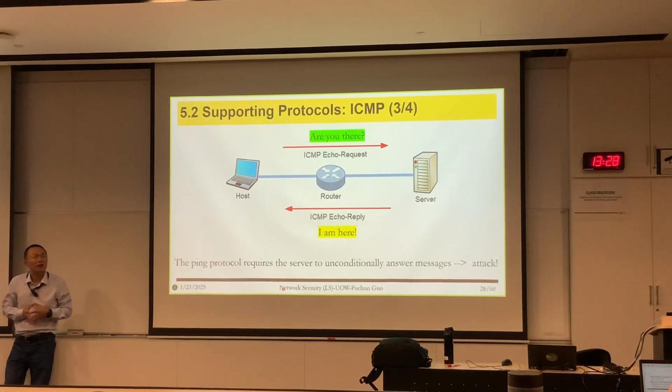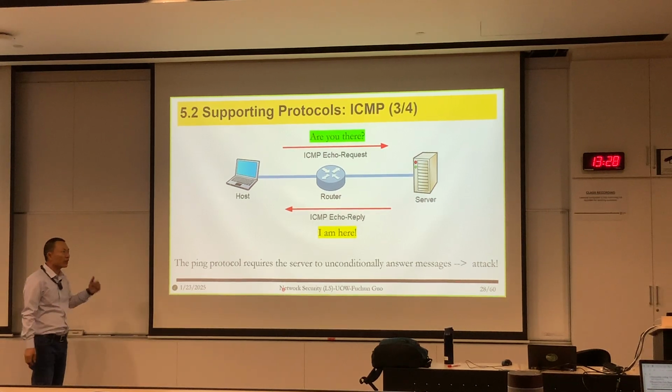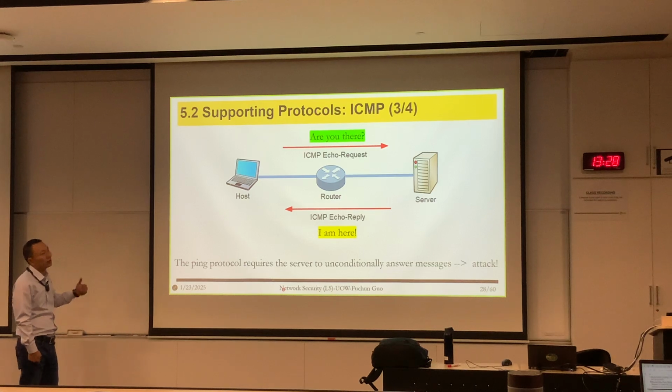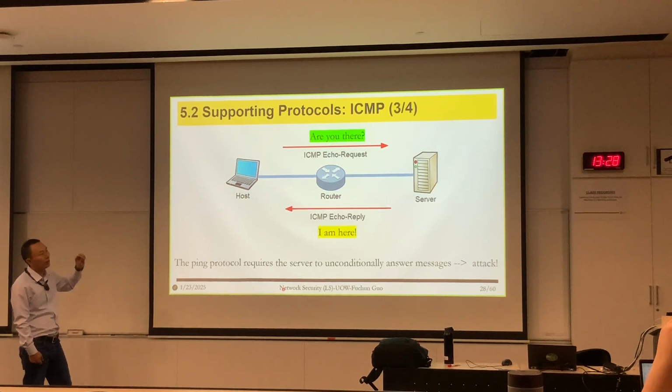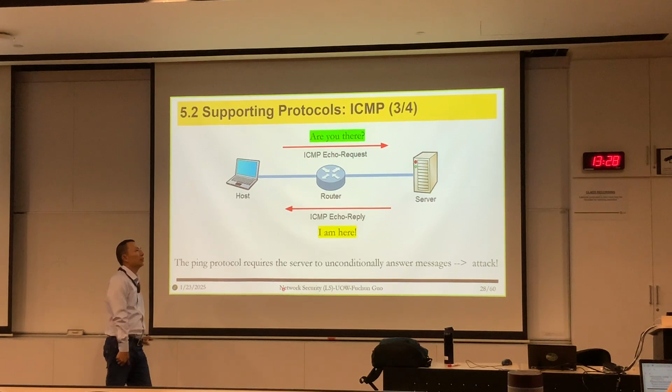And this kind of automatic, unconditional answer is somewhat different from the flooding attack inside TCP. Inside the TCP protocol, the attacker will not finish the handshake, and just because the server has allocated some memory waiting for the ACK from the client to complete the handshake, but the client will not finish it.